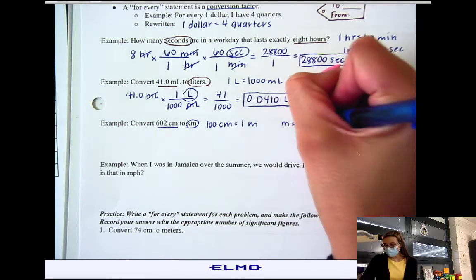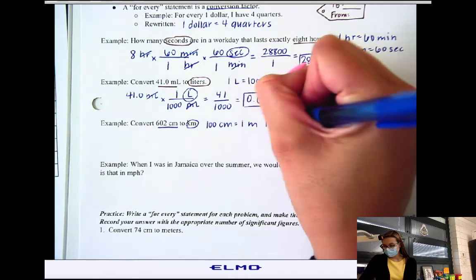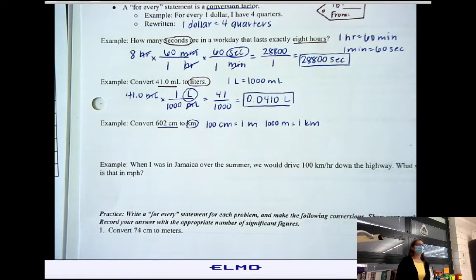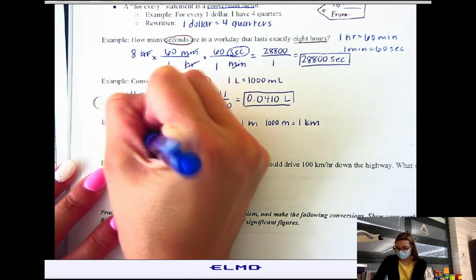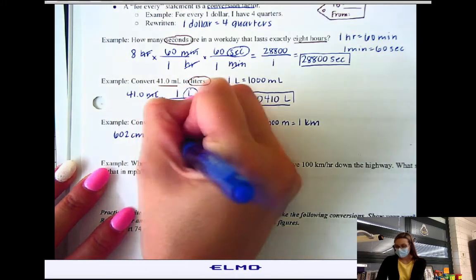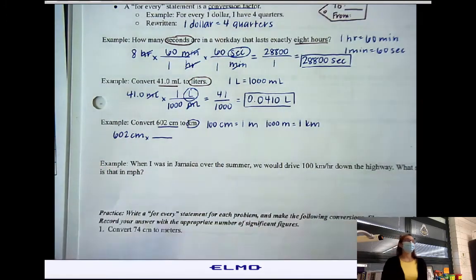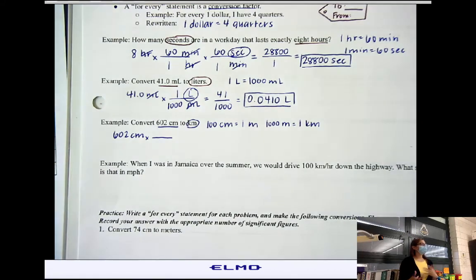For every 1 kilometer, there are 1,000 meters. We always put the 1 with the bigger prefix, whichever one is higher up on that list. So 2 conversions means we're going to have 2 steps. So if we start with the given information, 602 centimeters, writing these conversion factors out helps because then you can see what unit you need to go to as well.